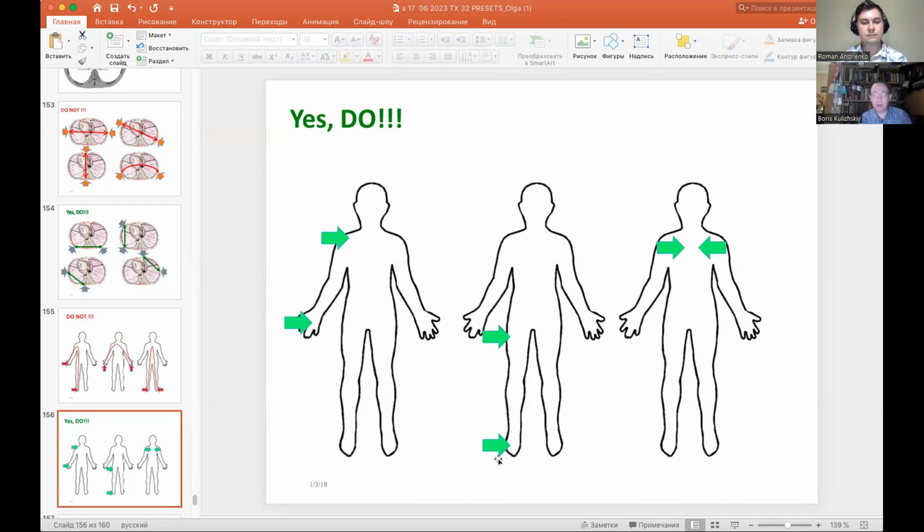If you're working on the leg, maybe you dress a garment here and work with only one glove on the leg, or you can connect through a splitter a few wires.